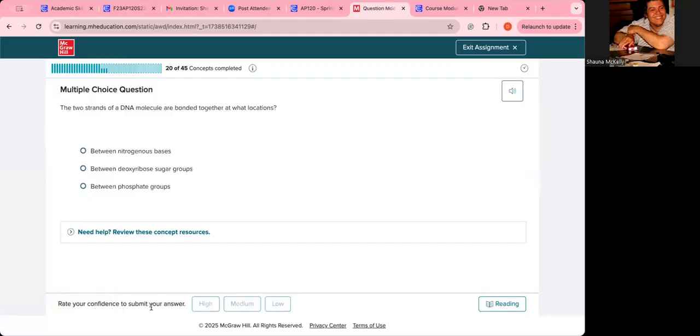The two strands of a DNA molecule are bonded together at what locations? Between nitrogenous bases, between deoxyribose sugar groups, or between phosphate groups. So where do they come together? Where do they connect together?